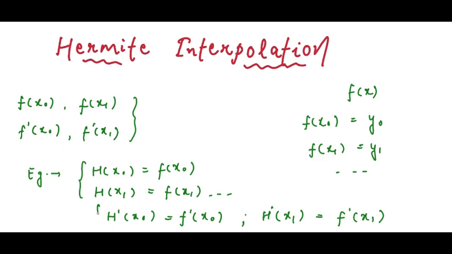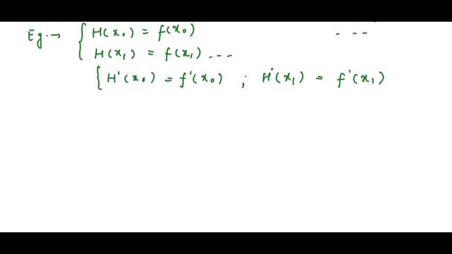Now let's understand this geometrically. Suppose two interpolation points are given. An ordinary interpolation polynomial only needs to pass through those points, but there are many possible curves that can pass through the same points. But now suppose we additionally know the slope of the function at those two points.